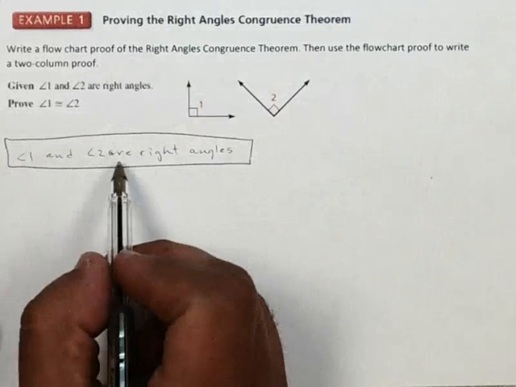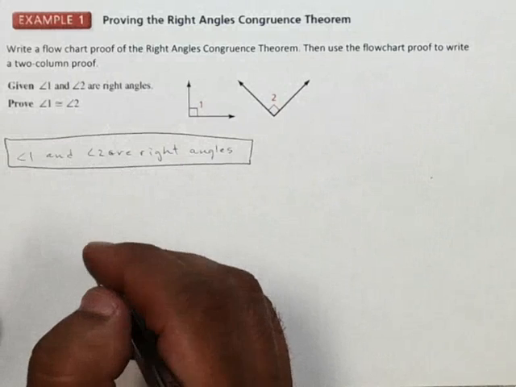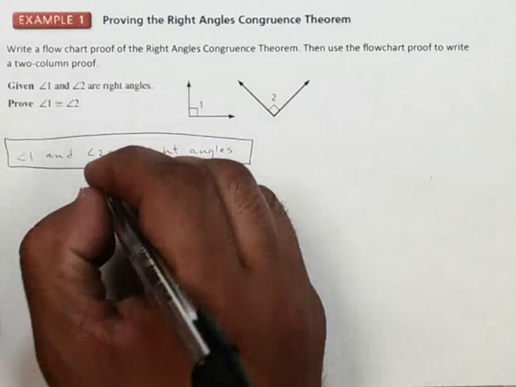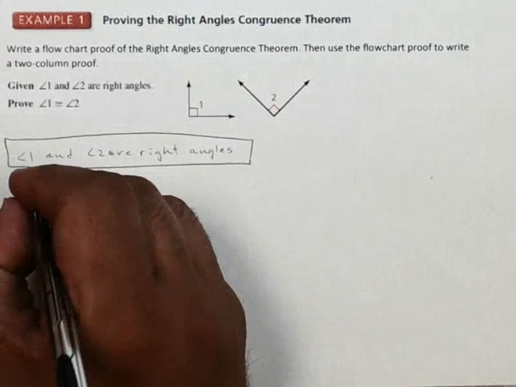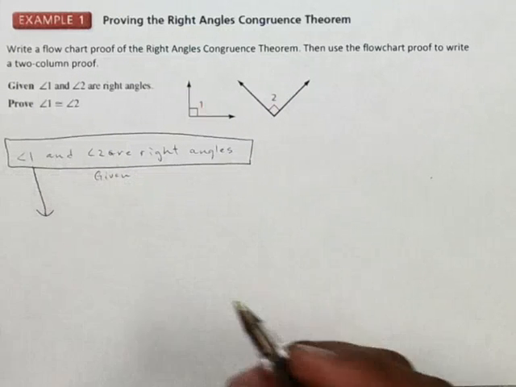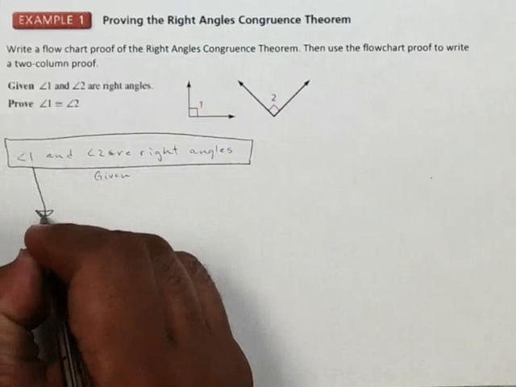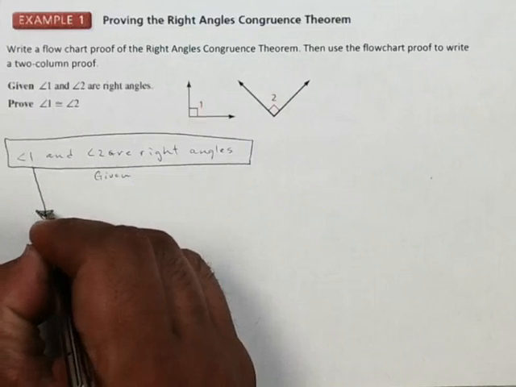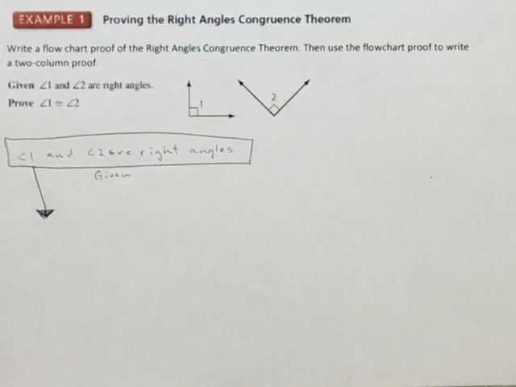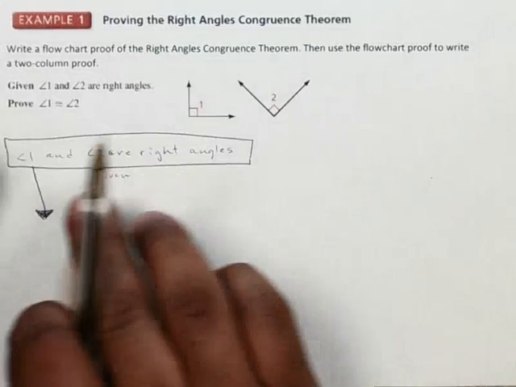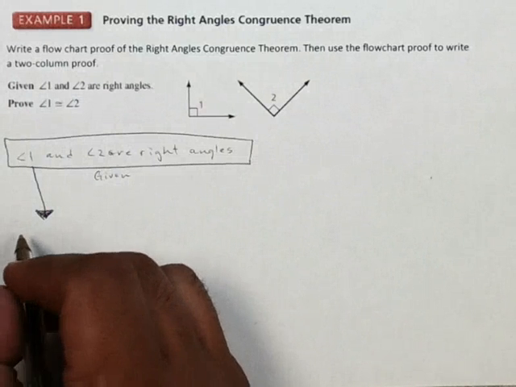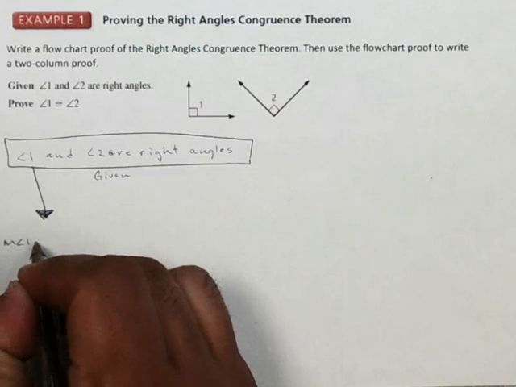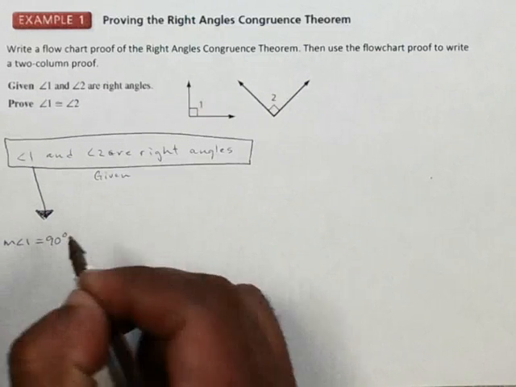Now we take that statement and write "given" underneath it. Then we ask ourselves, what does that mean? Well, if I know angle 1 is a right angle, that means the measure of angle 1 is equal to 90 degrees.